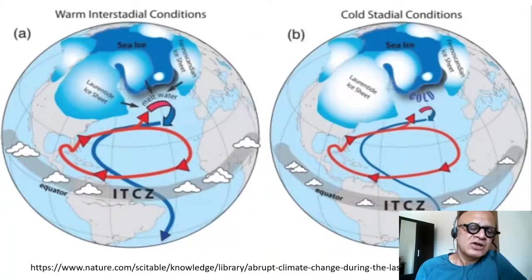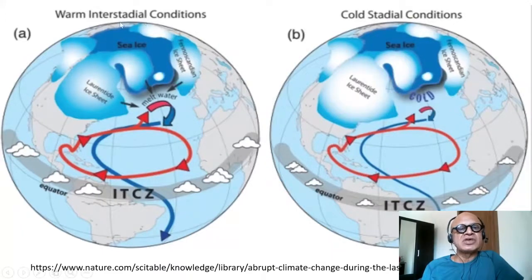There are other explanations. This is just showing the same thing in warm interstadial and cold stadial conditions, and you can see the differences here in terms of warmer waters inundating and creating meltwater, whereas it's colder here in the cold stadial conditions.